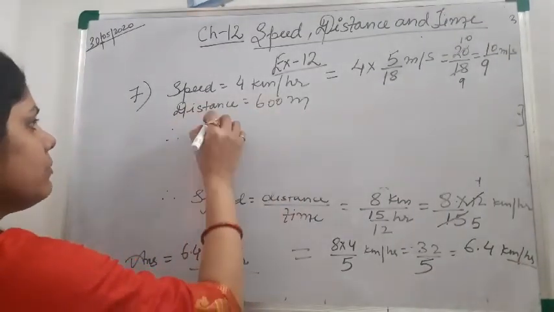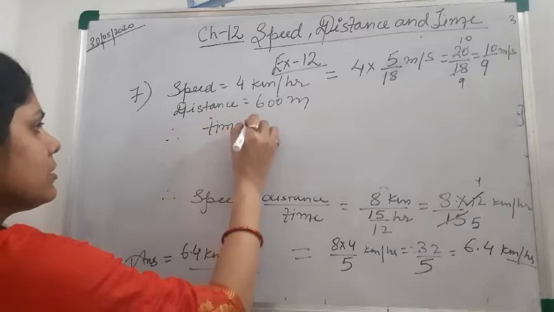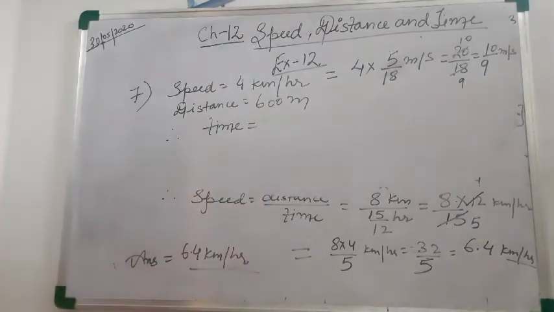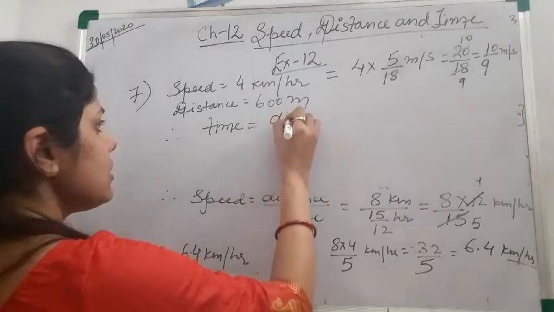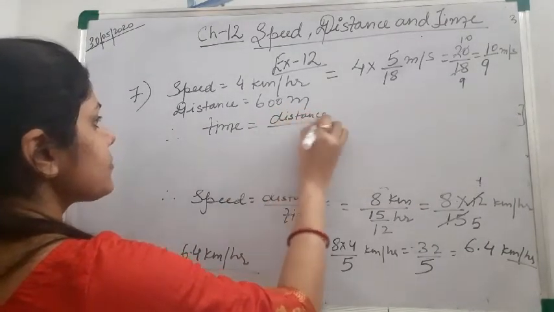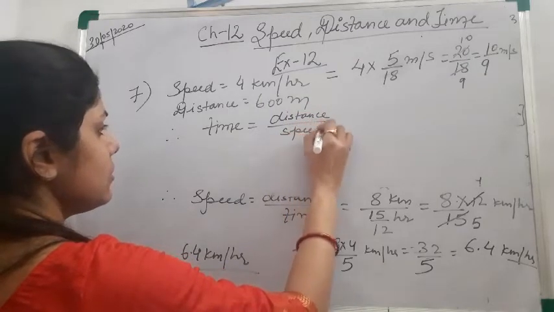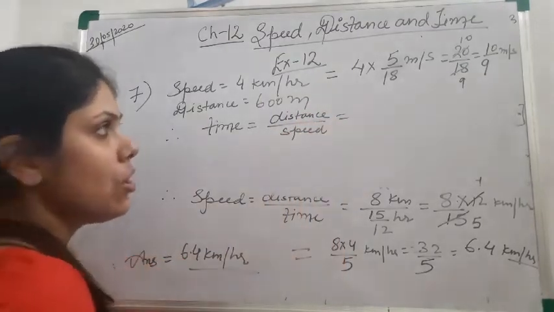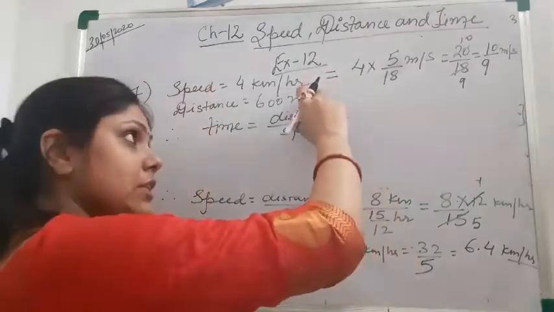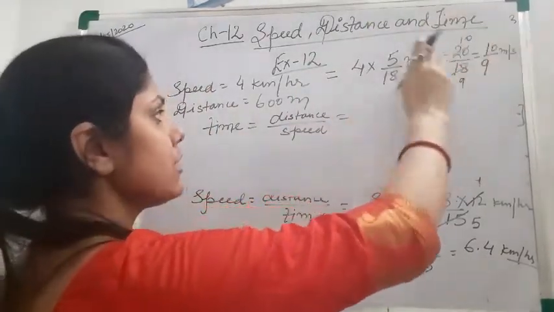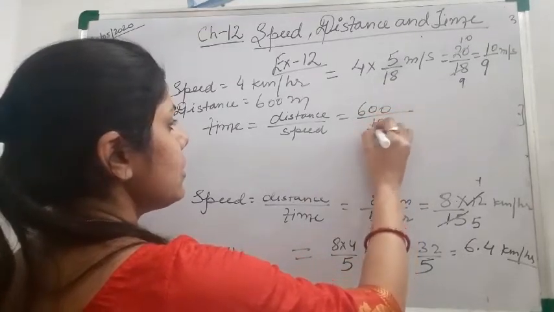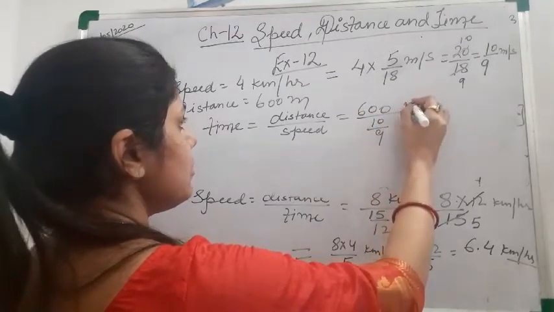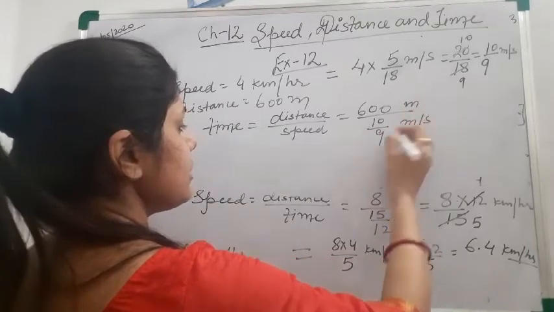10 upon 9 meter per second, and distance is given 600 meter. Therefore, what will be the time? Time is equals to, what is the formula? The speed is equals to distance upon time. Time is equals to distance upon speed. So, because distance was given in meter, that's why I have converted in meter per second. So, this will become 600 upon 10 upon 9. This is meter, this is meter per second.